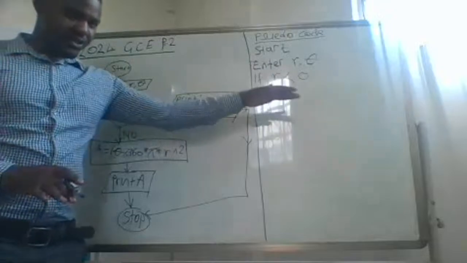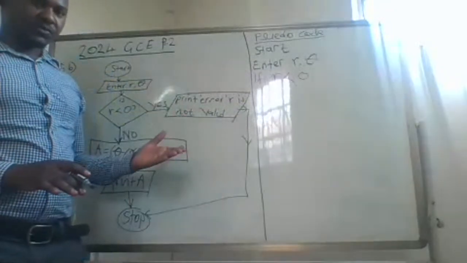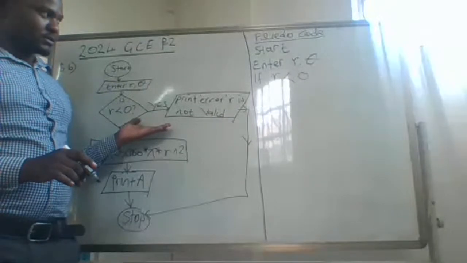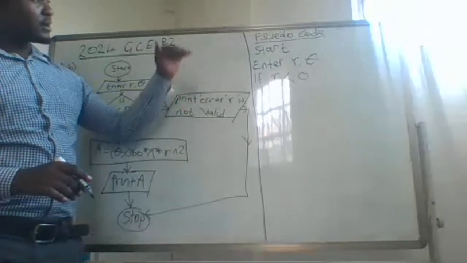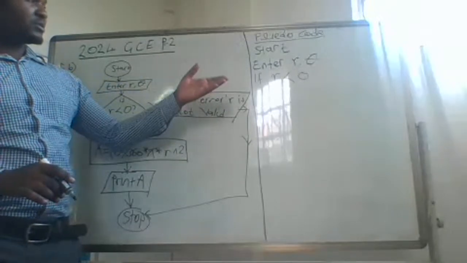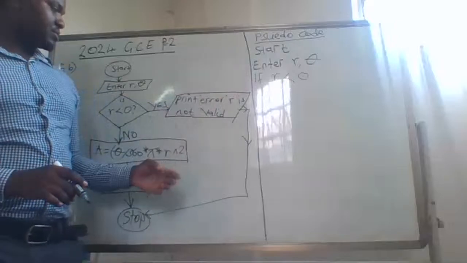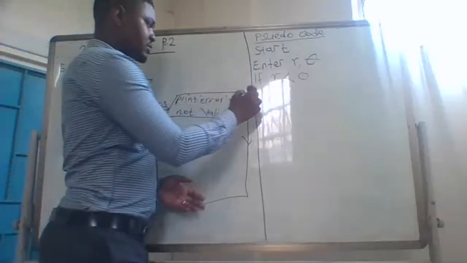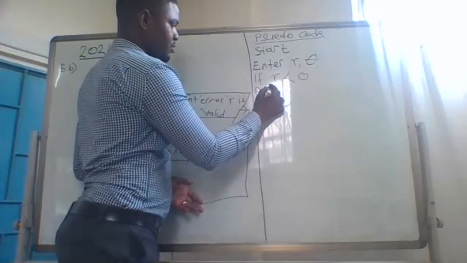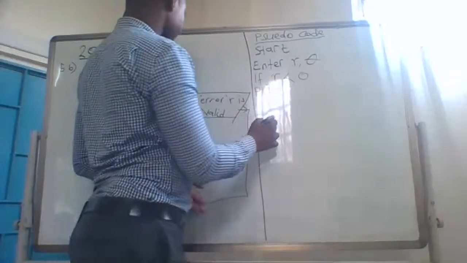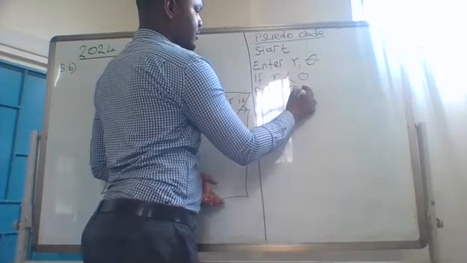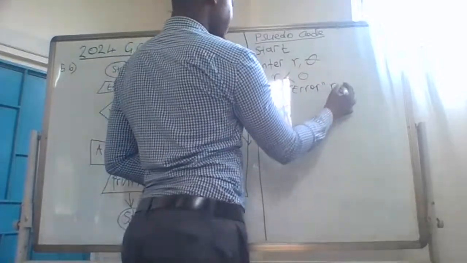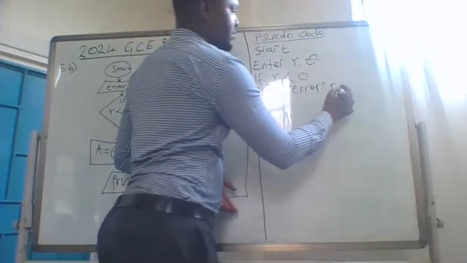After the if function, the next part which should follow, I emphasize, should be your yes. So you say start, enter R and theta. If R is less than 0, then print error, the yes part now. Say print error, R is not valid.